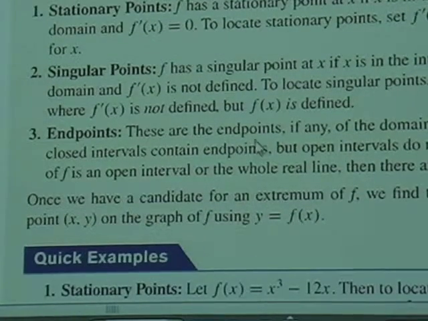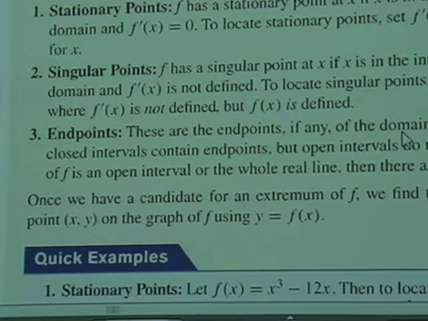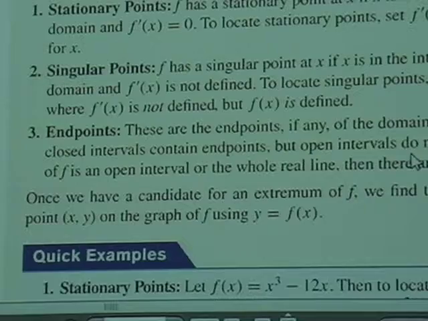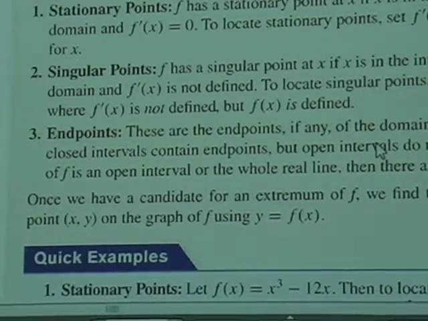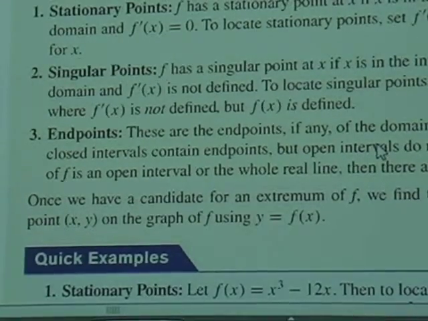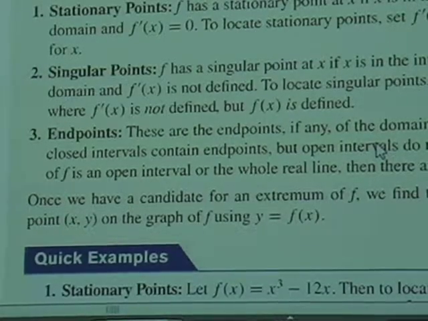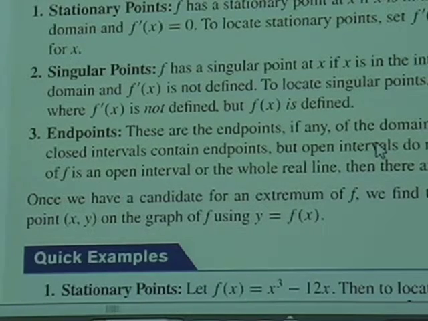Endpoints are the endpoints of the domain. Recall that closed intervals contain endpoints, but open intervals do not. If you have an open interval, the endpoint is not part of the interval, so it doesn't contain the endpoint.